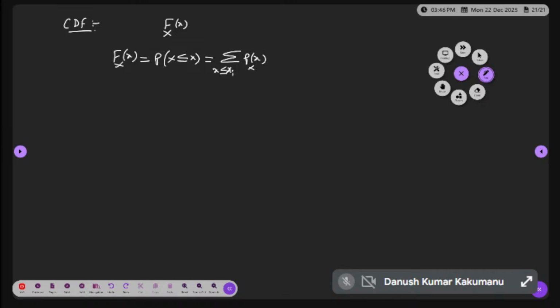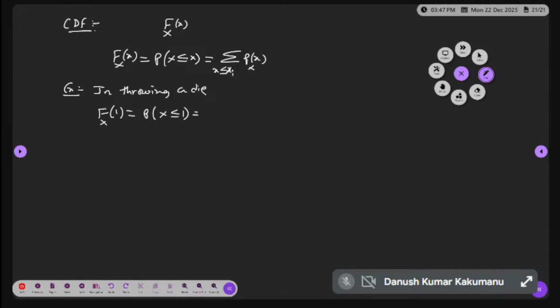If you take the example, in throwing a die, what is the CDF of 1? P of x less than or equal to 1.